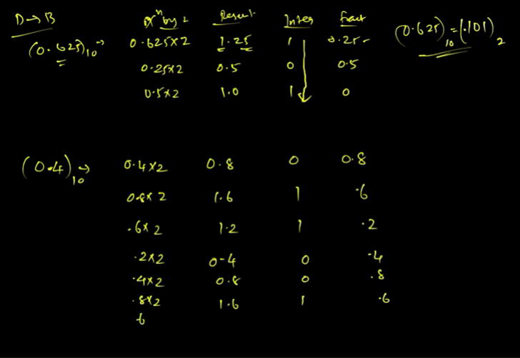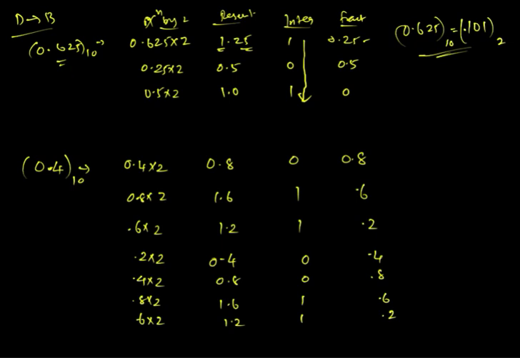Now if you multiply 0.6 by 2, we get 1.2, the integer is 1 and the fractional part is 0.2. Now this process will be repeated, so it will not end or terminate. So in that case we can stop this process when a sufficient number of digits has been obtained.